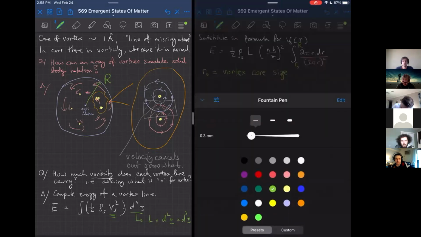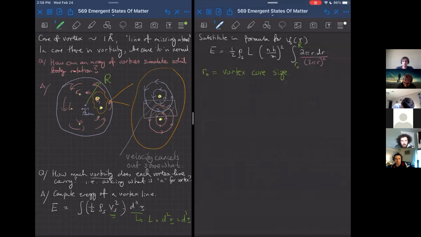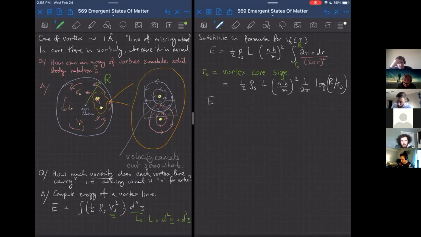Putting it all together, E is equal to 1/2 rho s times L times n h over m squared times 1 over 2 pi, and then the logarithm of R over r0. And so the energy of the vortex line is proportional to n squared.